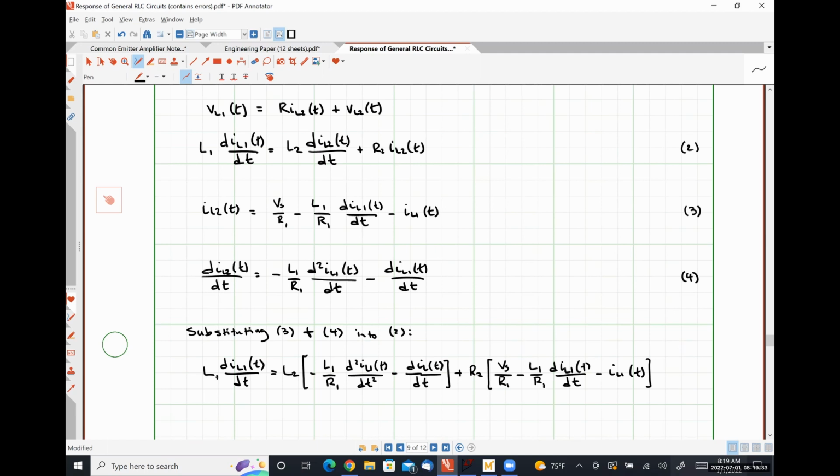So when I lump all of those terms together and move it to the left-hand side of the equal sign, that's going to look like L1 from this term, L2 from this term, and then L1 times R2 over R1 from this term.